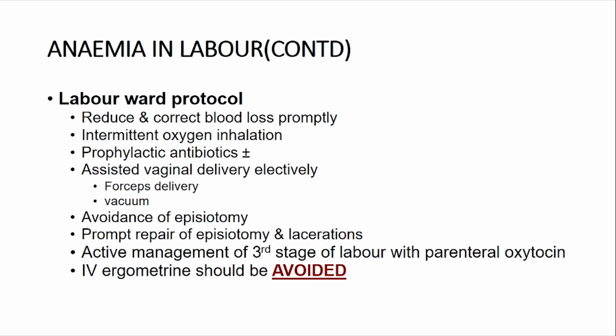Episiotomy should be avoided if there is no indication for it. Then prompt repair of episiotomy and laceration if done, and active management of the third stage needs to be done with parenteral oxytocin, and one needs to avoid ergometrine.